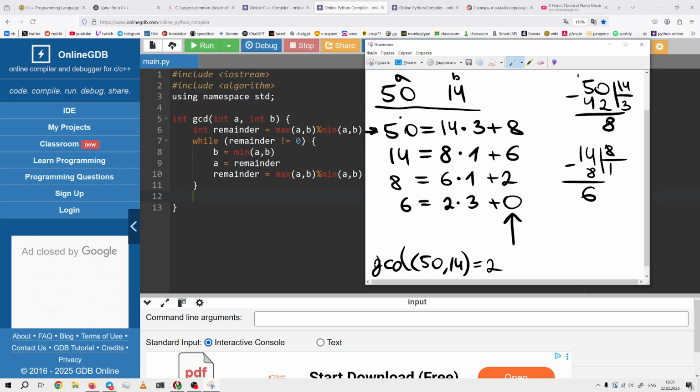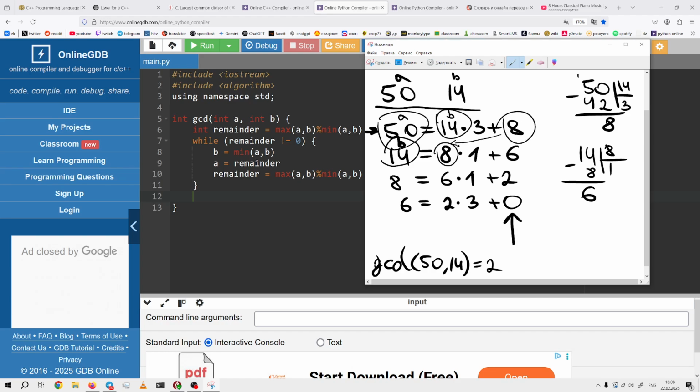On this step, what variables did we get? We got 50 and 14. It's a and it's b. Then B is the minimum, so there would be B, and there would be the remainder.